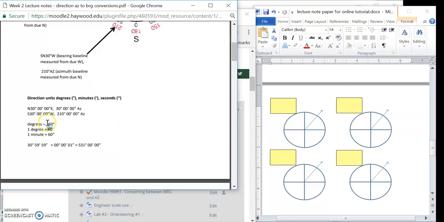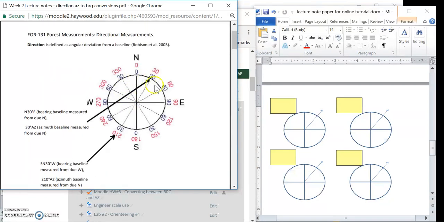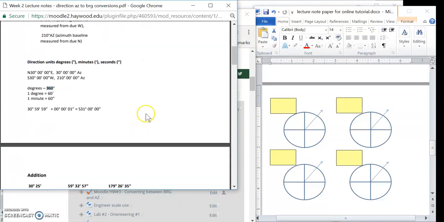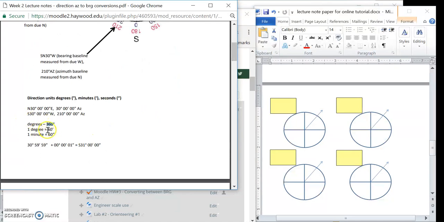On a compass there's basically 360 degrees. It doesn't matter if you carve it up into 4 90-degree segments or one 360-degree circle. Every compass has 360 degrees on it. If I took a degree and sliced it up into smaller units, the units are minutes, just like in a clock.